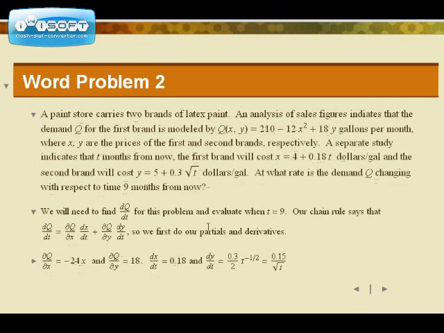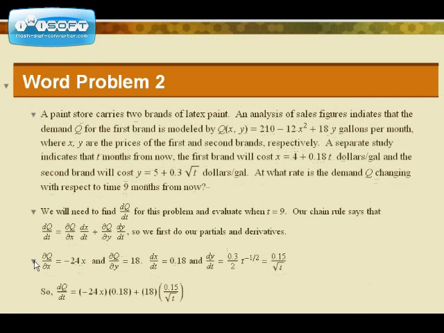And dy/dt, if I look at the y function, I have 5, derivative there 0, plus 0.3 times root t. So again, think of that as t to the 1/2, so we get 1/2 of 0.3 times t to the negative 1/2. Or you can rewrite that 0.3 over 2 as 0.15 divided by root t. So either one of those you can rewrite.